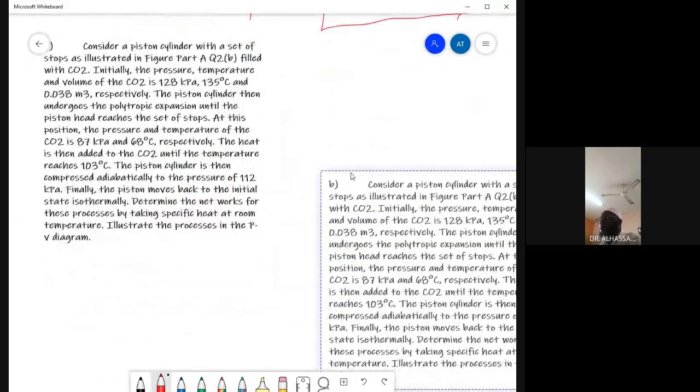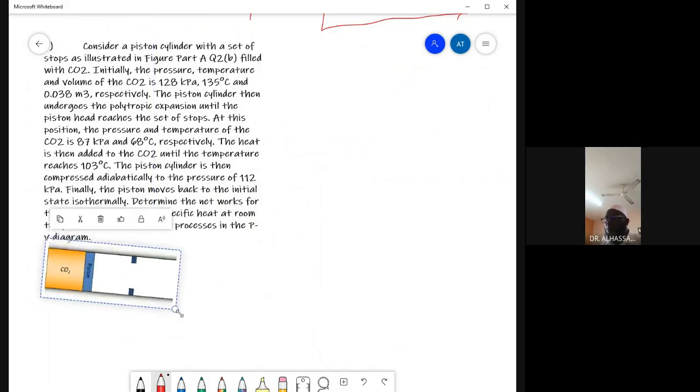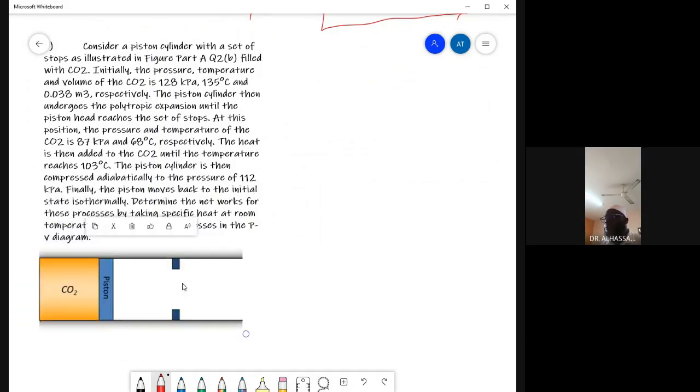Unfortunately, I cannot copy there. So this is the question, and we are told to consider a piston cylinder device.